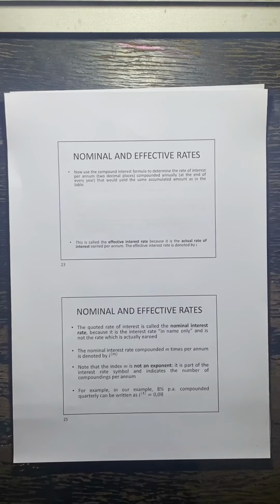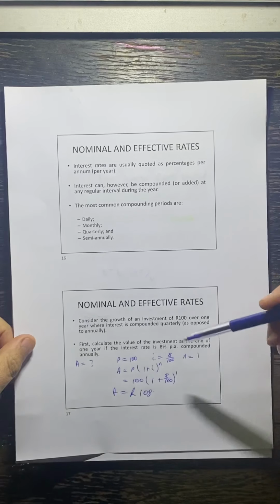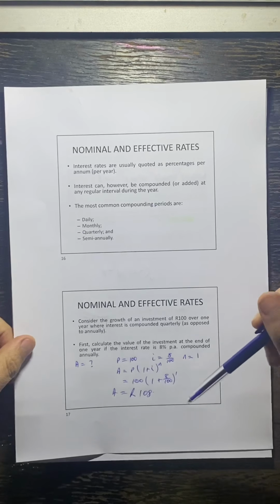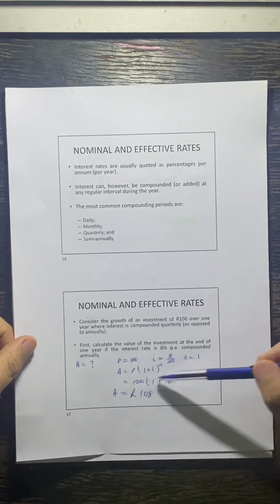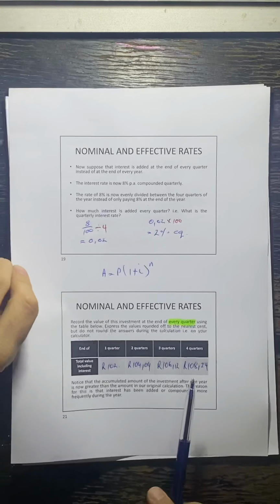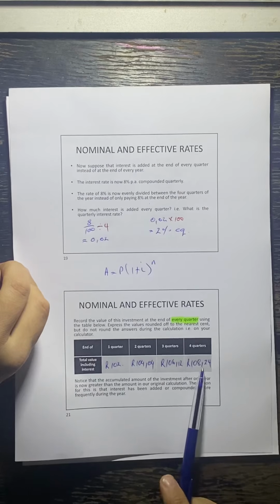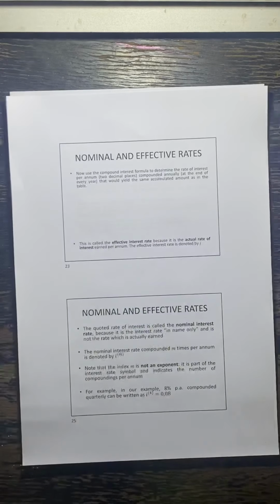So what they're asking is, if we had to compound this annually, what would our interest rate be? Over here, if we compounded it annually at 8%, we get 108 Rand. But for this one over here, what would be the equivalent compound interest per annum that will give us the same amount? Okay, and that's what they're asking here.